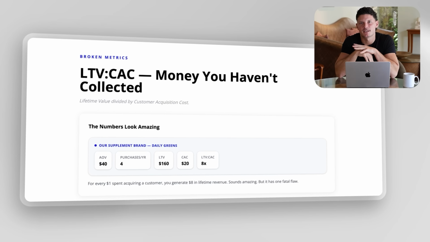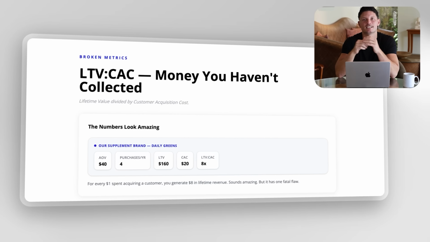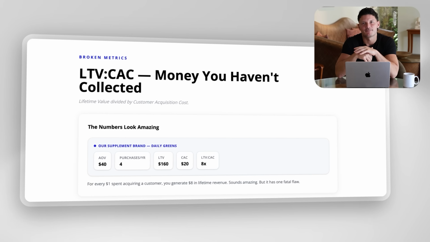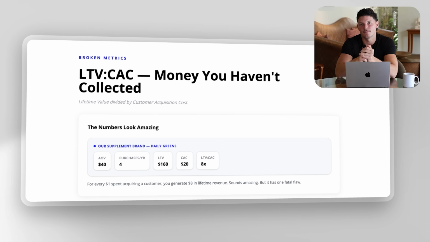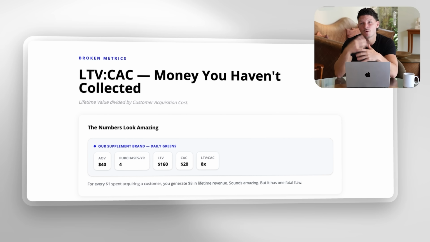Then come the VC bros with LTV to CAC ratio, which is lifetime value divided by customer acquisition cost. So for a supplement company, let's say they have a greens powder. That greens powder generates around a $40 average order value. Over the lifetime of that customer being with that business, they buy 4 times.